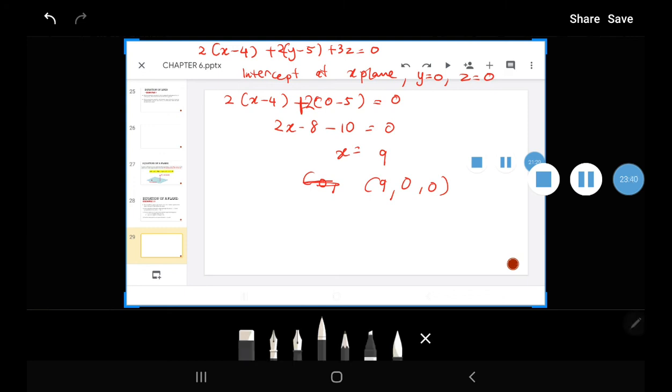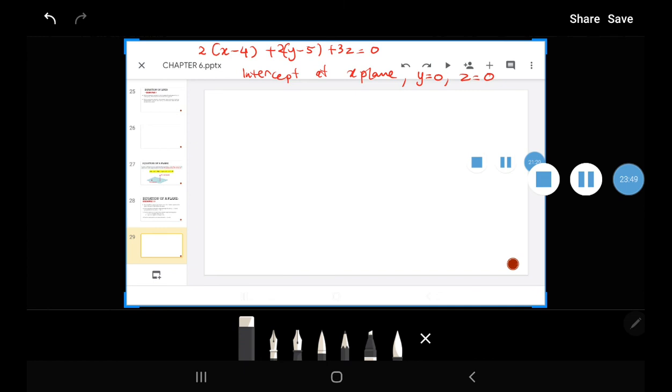Okay, so now we want to find the interception at y plane. So if y plane, what should be 0? x should be 0 and z should be 0 also. So x and z should be 0 if we want to find the interception point at y plane.